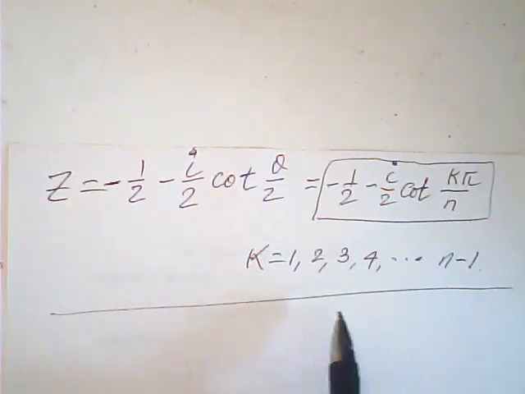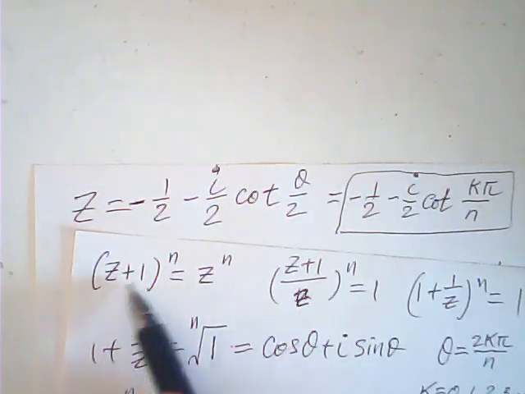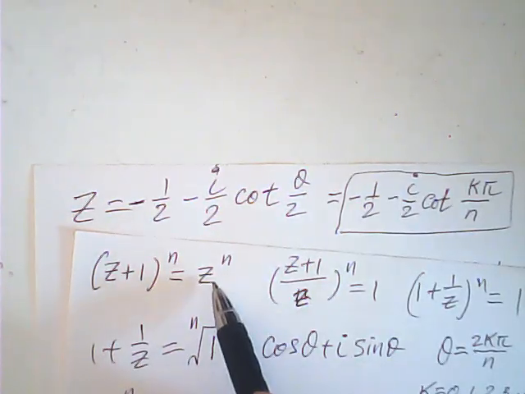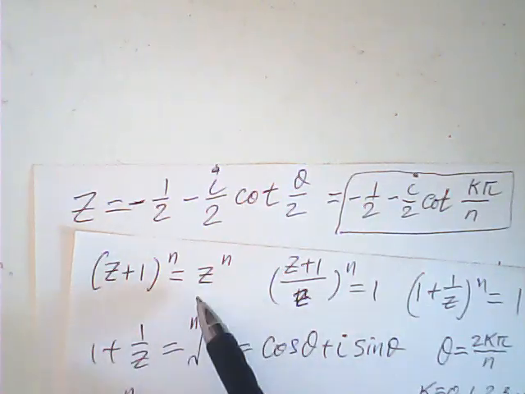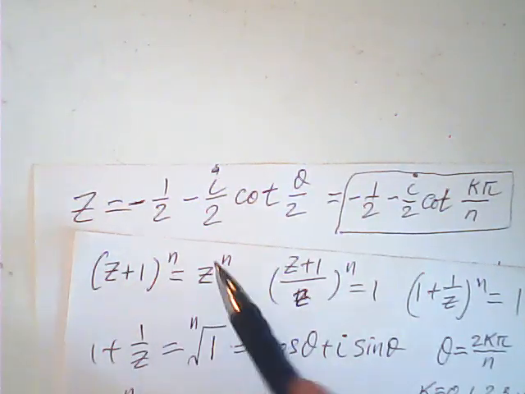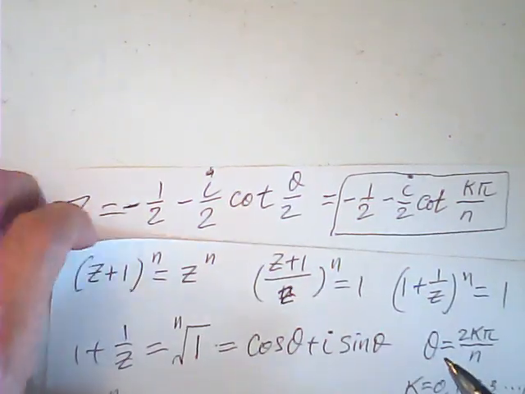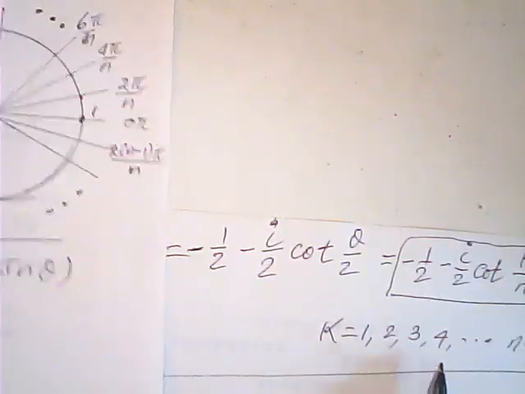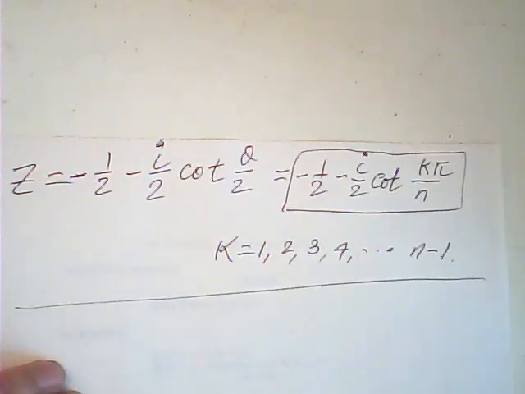We have n minus 1 roots. It's true that when you expand this binomial, z^n will be cancelled, leaving z^(n−1) as the highest power, so we have n minus 1 roots. So it's true. Okay, this is method 1.